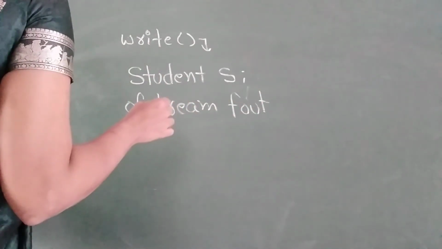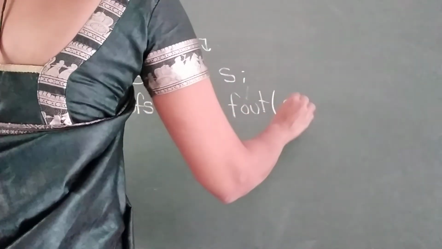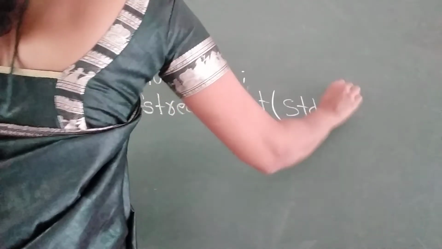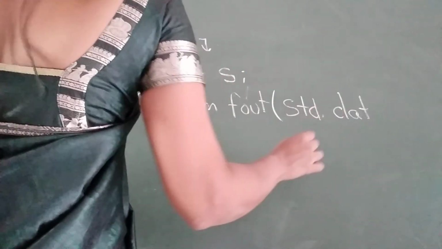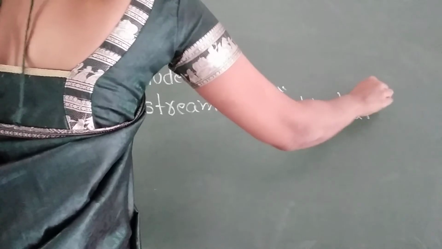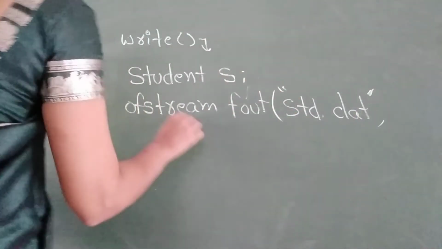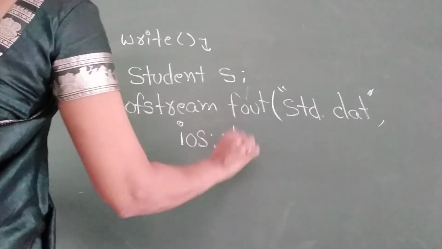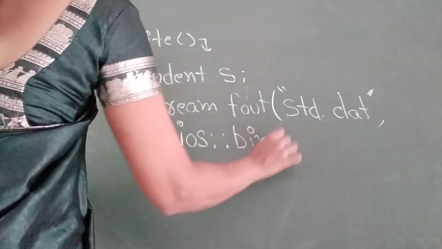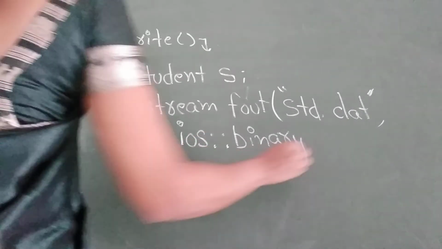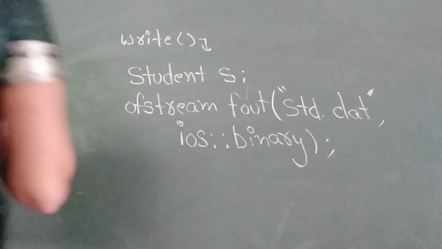Then the file name, std.dat. Okay, std.dat is the file name. ios::binary, as I told you in file modes, means we are going to write data to the binary file. Then close the bracket, semicolon.